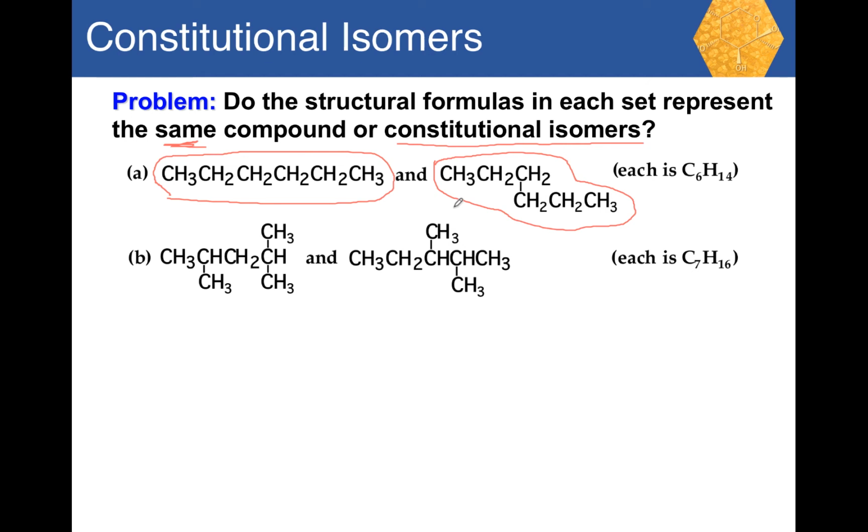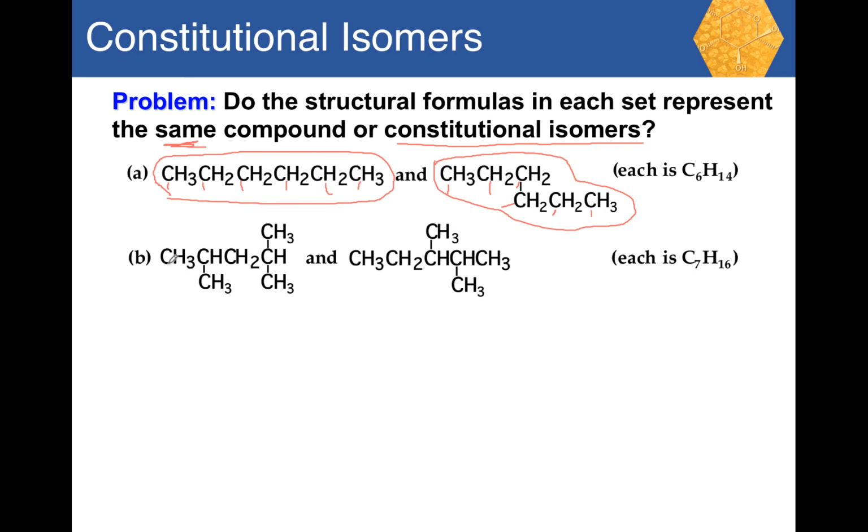So let's see. We say that the connections should be the same if they are the same molecule. And the carbon-carbon connectivity, if they are different, then they are isomers. So let's look at the connectivity for these two molecules. Carbon to carbon to carbon to carbon to carbon to carbon. Let's look at this one. Carbon to carbon to carbon to carbon to carbon to carbon. It's just drawn a little differently, but the connections seem to be the same.